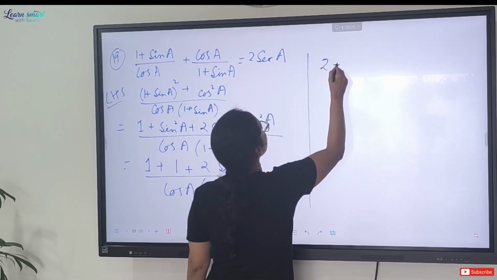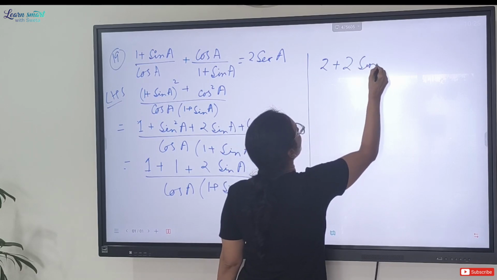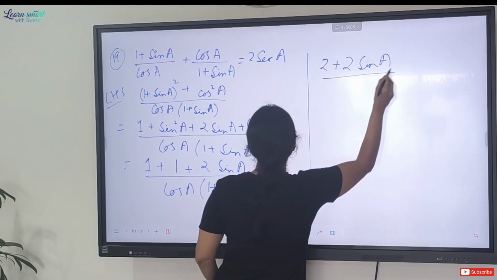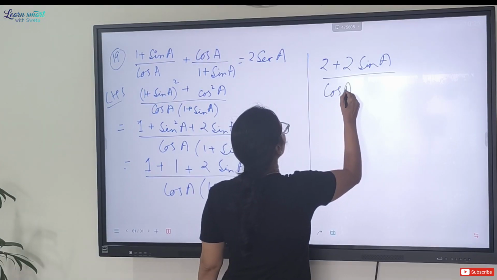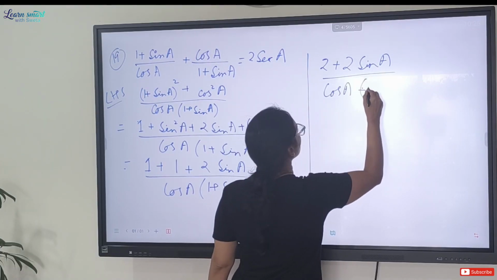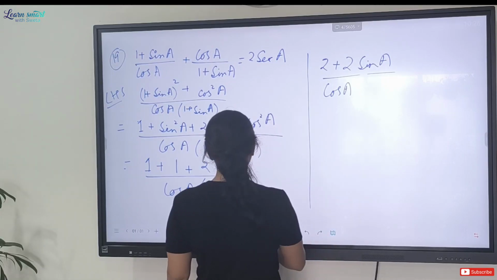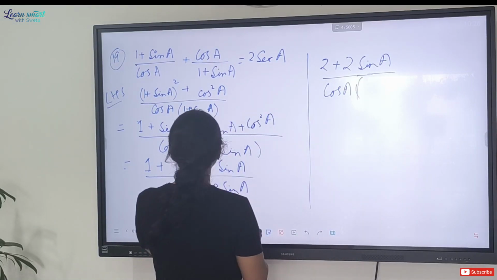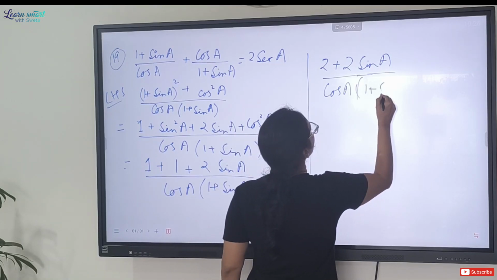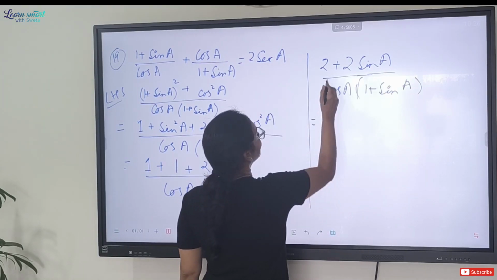We will write 2 plus 2 sin A upon cos A into 1 plus sin A. And we will take common.